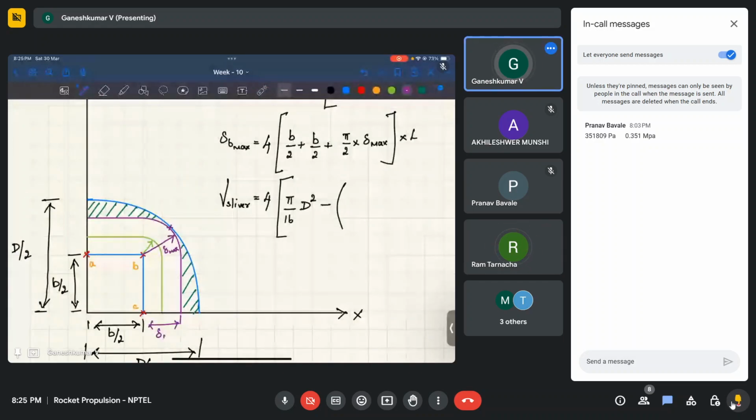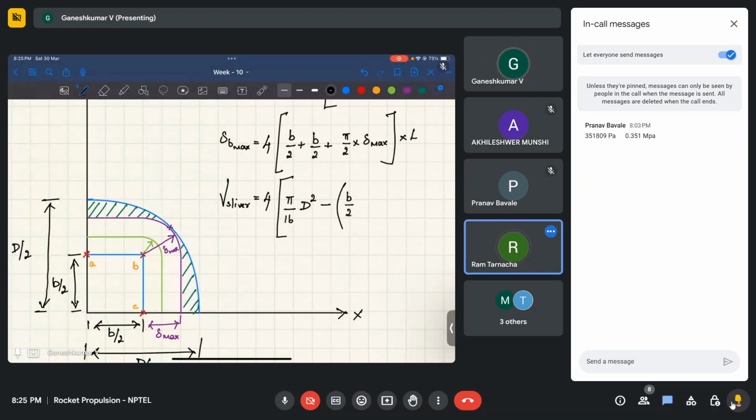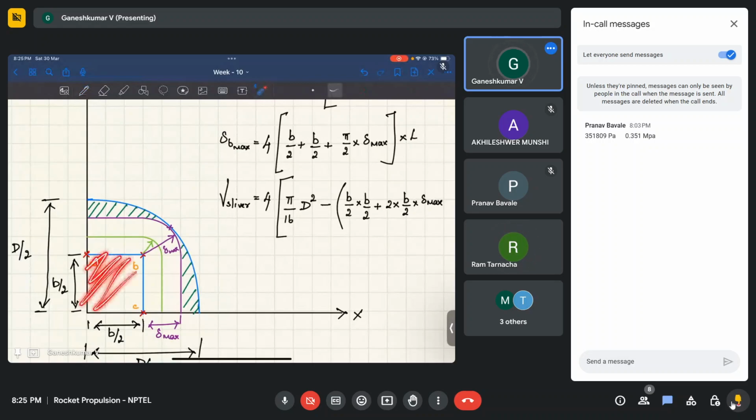So there are two squares: b by 2 times b by 2, plus 2 squares of b by 2 into delta max. There is this square b by 2, and then you have this square and this square, both are b by 2 times delta max, so that's why I wrote it twice.